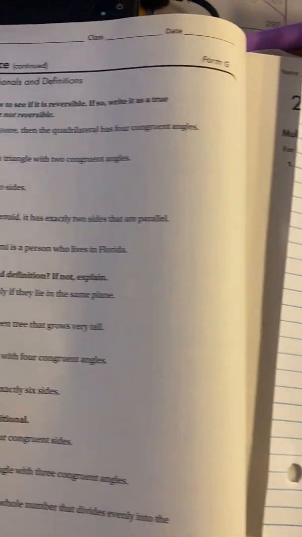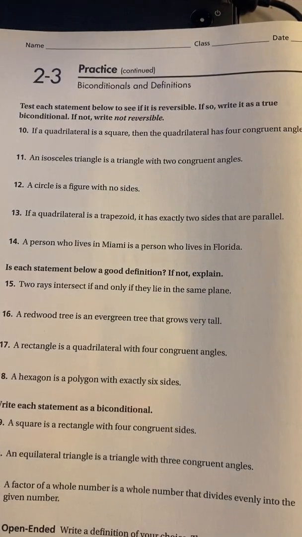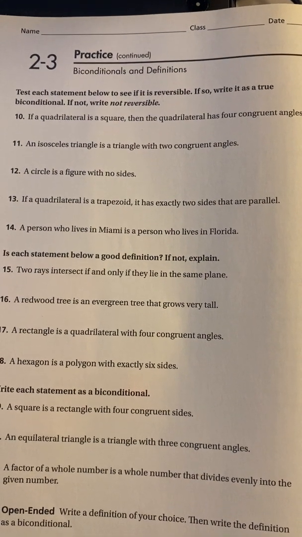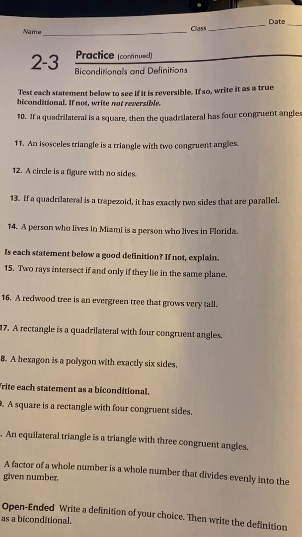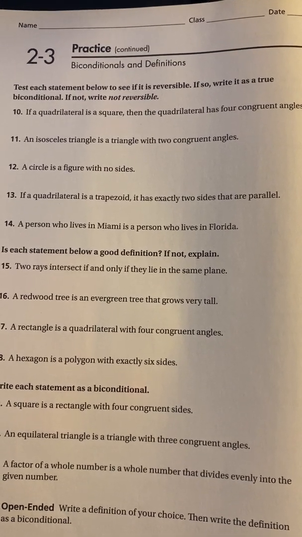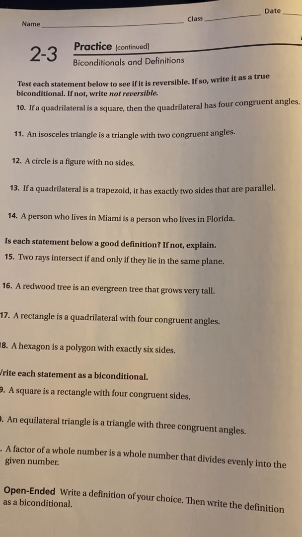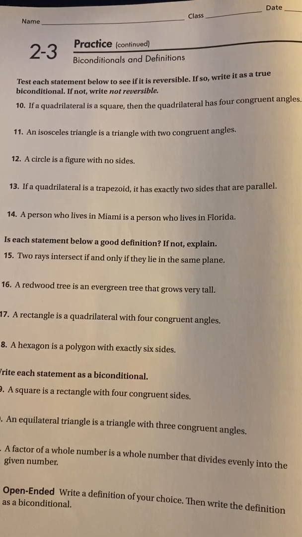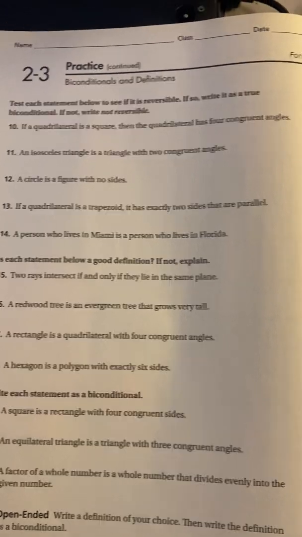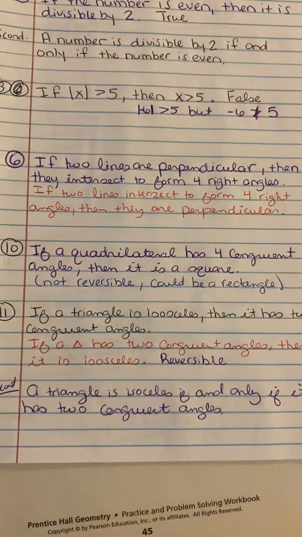Okay, number 11. An isosceles triangle is a triangle with 2 congruent angles. So if a triangle is isosceles, then it has 2 congruent angles. You can reverse that. If it has 2 congruent angles, then it is isosceles; those are both true. So then you would just write the biconditional out of it.